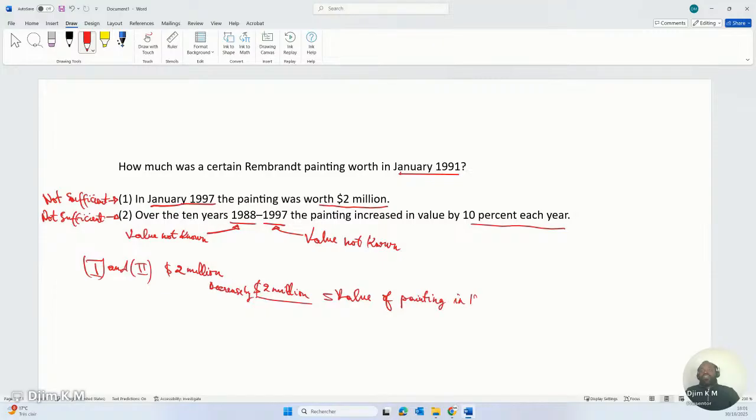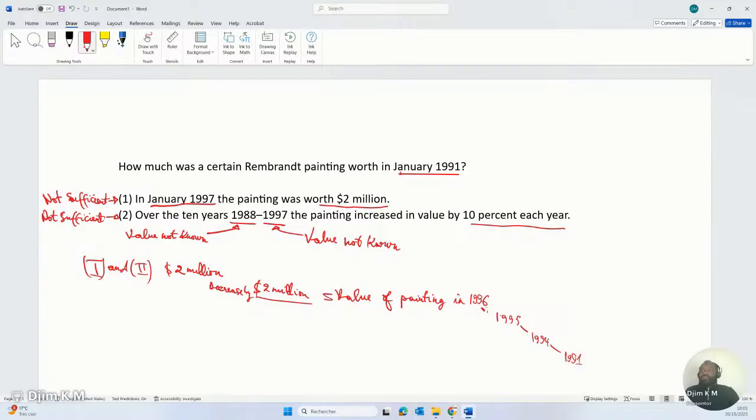in 1996. And if we decrease the value in 1996 by 10%, it's going to give us the value in 1995. If we decrease, it's going to give us the value in 1994, until we reach 1991 and get the value of the painting.